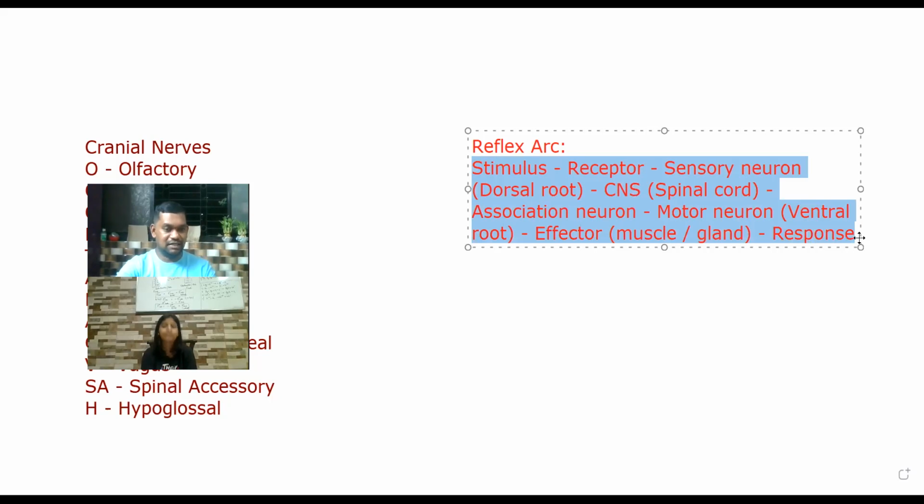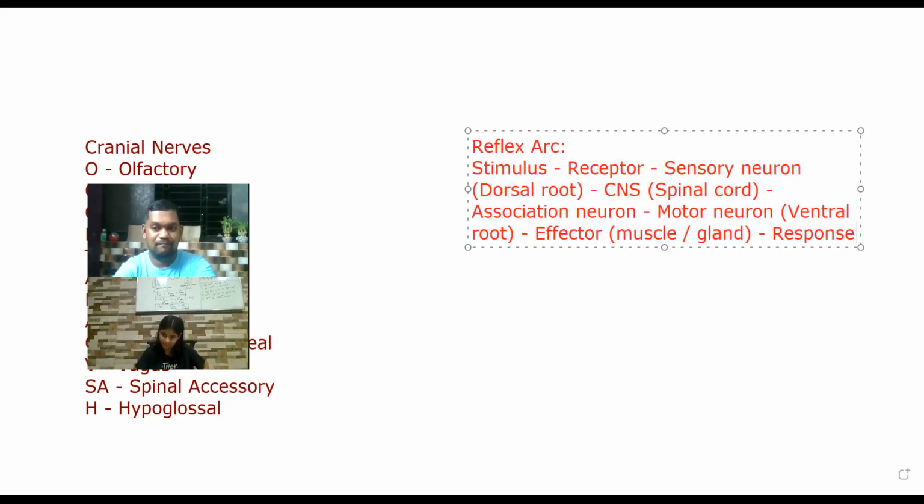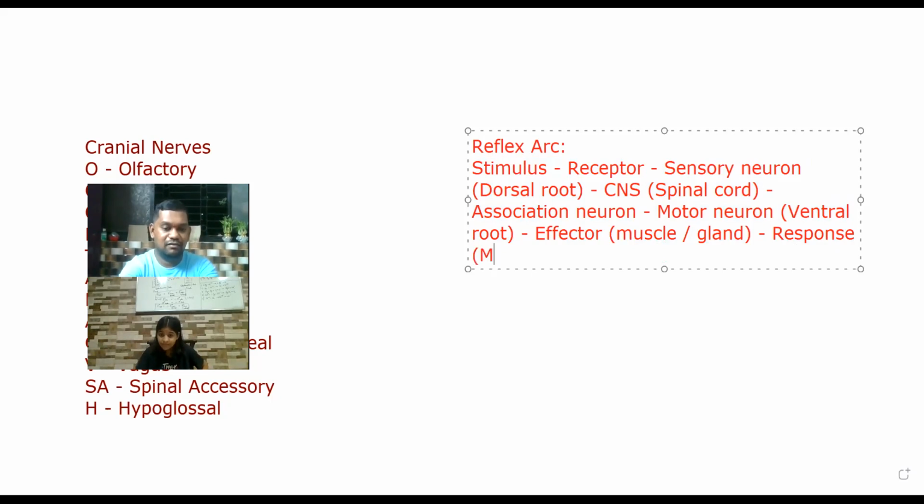Where the stimulus is received, in which neuron it is received, where the neuron carries the stimulus, where the stimulus is processed, how the response is generated, where the response is being passed, whether it is the muscle or a gland, and the response is in the form of either movement, if it is a muscle, or secretion, if it is a gland. Is that clear?